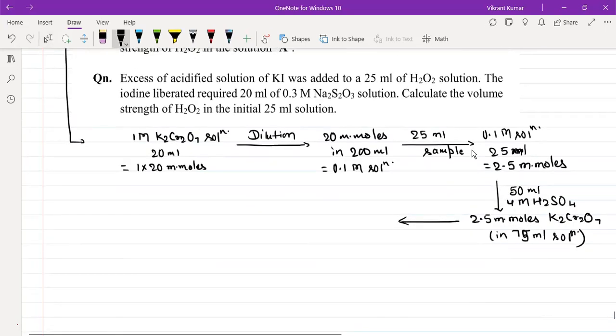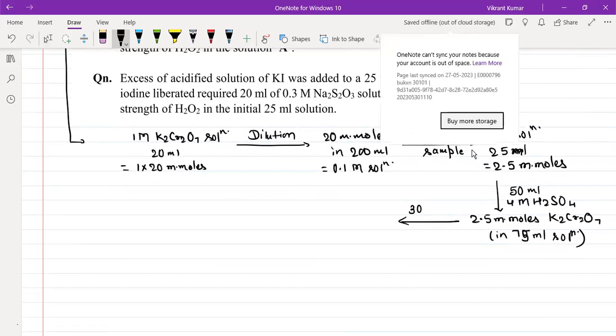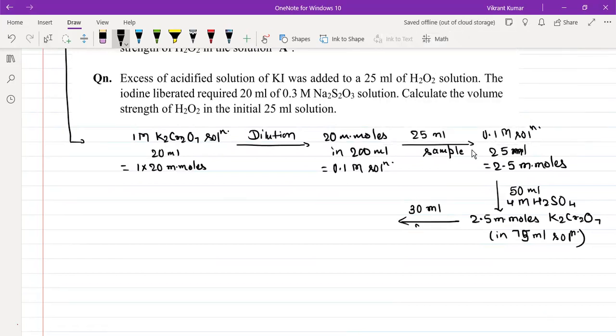तो पहली बात तो इसका सैंपल लिया, it is 30 mL सैंपल लिया. If you are taking a sample, millimoles will change, concentration will not change, है ना. So if I am writing, the concentration was 2.5 upon 75, that is 1 by 30 M K2Cr2O7 का है.